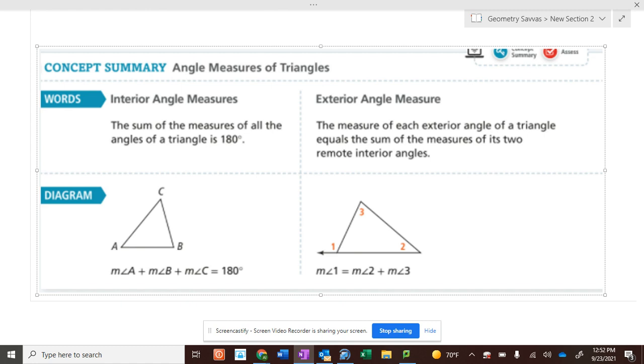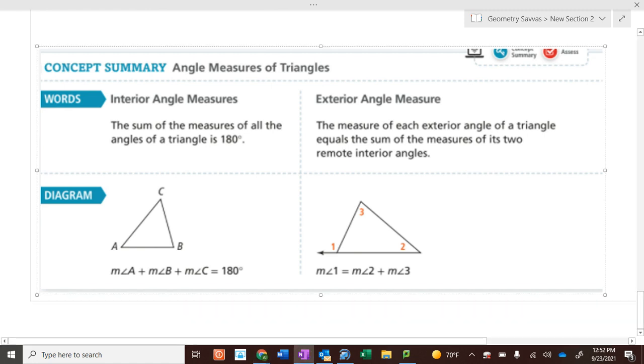The new concept, which shouldn't be too difficult to understand, is the exterior angle of a triangle, which happens when we extend a line. So if we extend one of the sides and go past the vertex, then it creates an angle on the outside. The exterior angle is equal to the sum of the two remote interior angles.